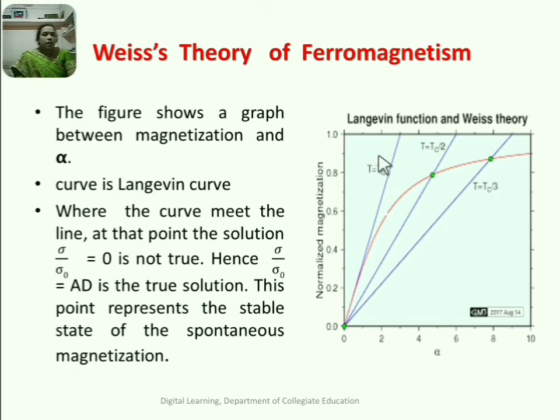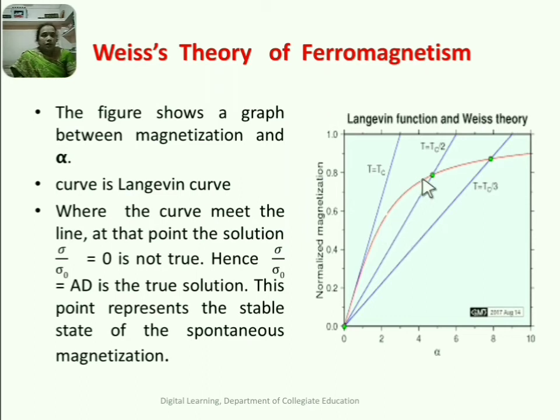This figure shows a graph between magnetization and alpha, corresponding to equation 3 and equation 4. See here, this curve is the Langevin curve corresponding to equation 3, while the straight line corresponds to equation 4.